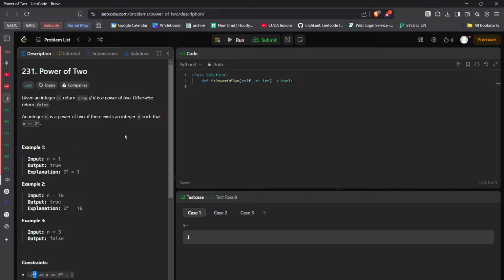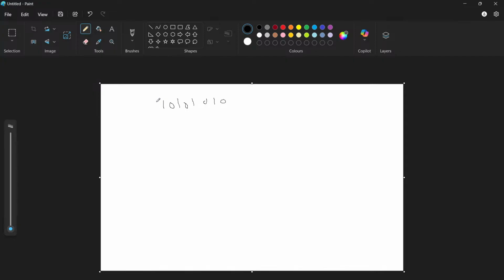So I can take the longest number I know, and suppose this is my number, so let's do AND, which should give me. Is there any other technique?